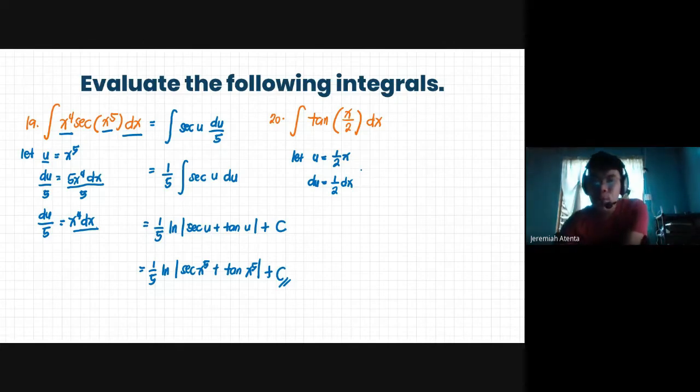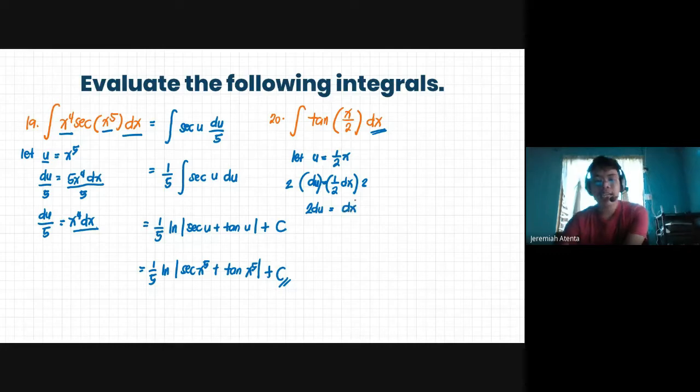Now, in this case, we only need dx, right? So, therefore, tatanggalin natin yung 2. So, what we are going to do is to multiply both sides by 2, right? Multiplying both sides by 2, you have 2 du equal to dx na lang. Okay?